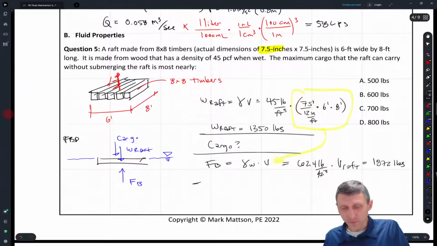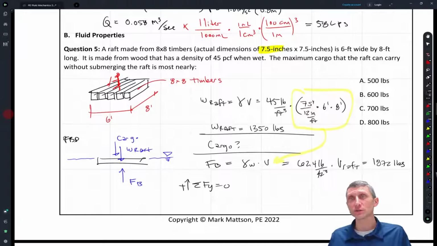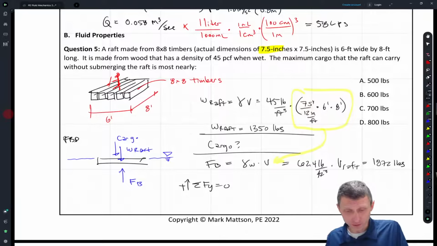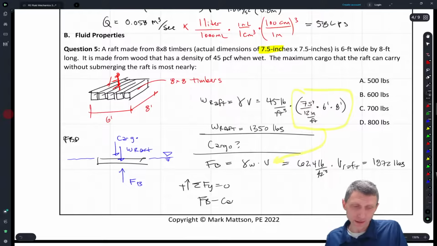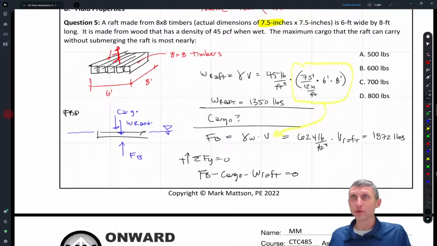Okay, so if we sum our forces in the y direction, this has to equal 0. This goes back to statics, and it's one of the reasons I say statics is so important, because basic statics is going to get you so far here. We're going to say the buoyant force minus the cargo minus the weight of the raft has to equal 0 for it to be static and not moving.